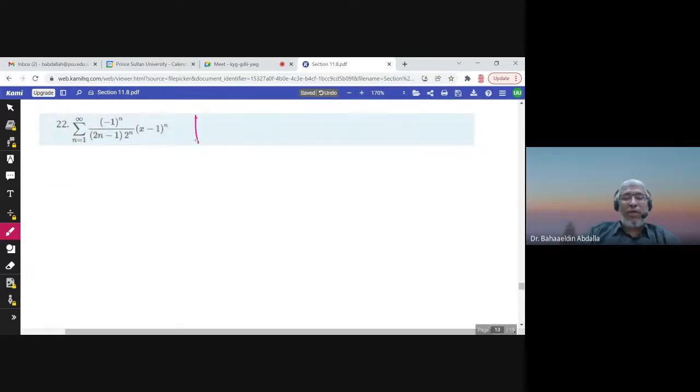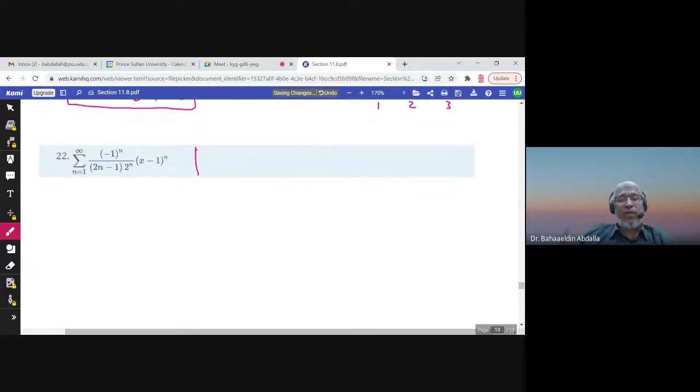Use the ratio test. Negative 1 to the power n plus 1, x minus 1 to the power n plus 1, 2 times n plus 1 minus 1, 2 to the power n plus 1. This is 2 times n plus 1, okay?